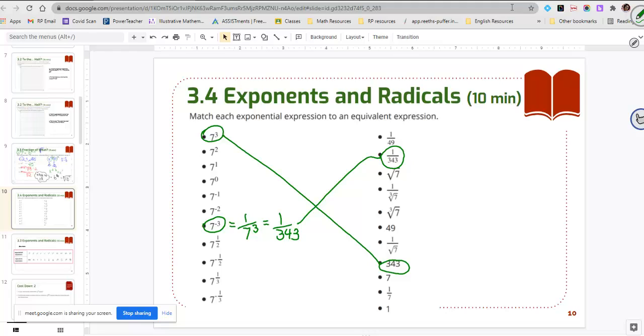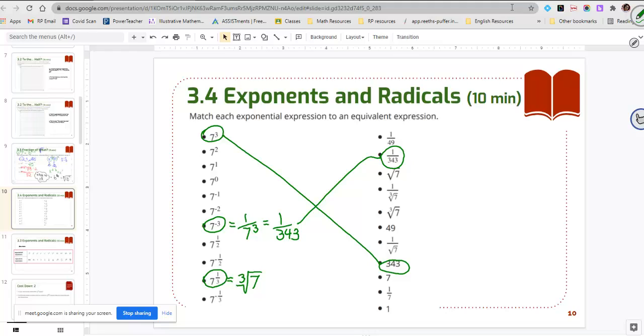I'm going to stick still with my exponents that have to deal with 3's. So 7 to the 1/3 power. We just added a new rule, a big idea, that we can rewrite that as the third root of 7, the cube root of 7.